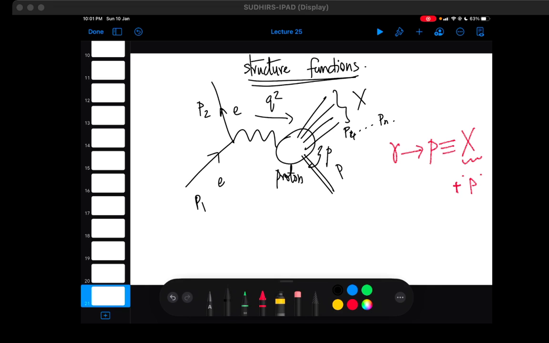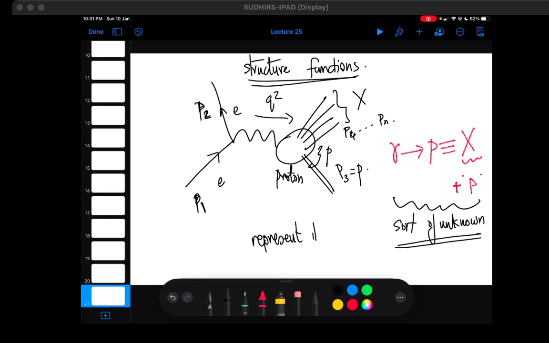So there is this process in which gamma, which is a spin 1 particle, and the proton, which is a spin half particle, give you a bunch of particles like this. Inherently, this entire thing is unknown. We don't know how this is happening. You can represent it by some unknown function.